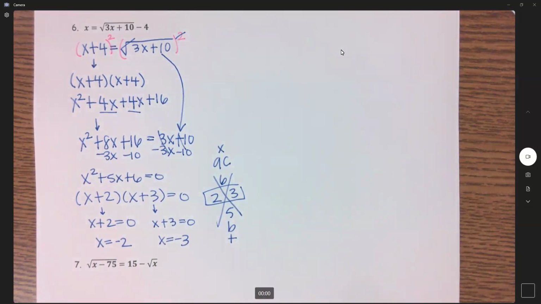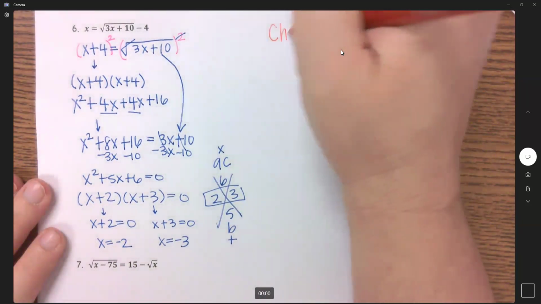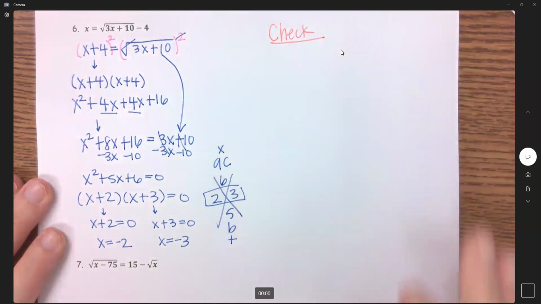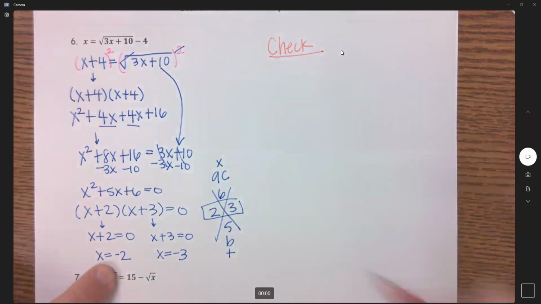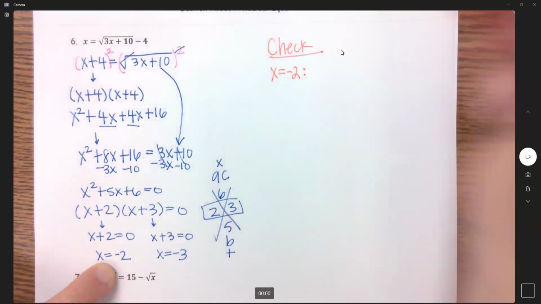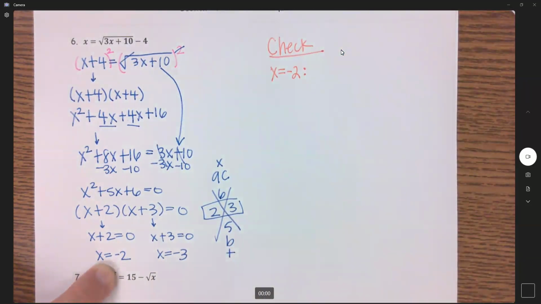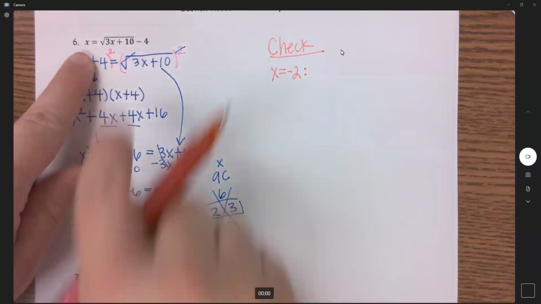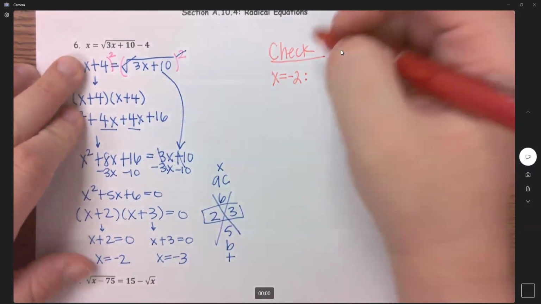Now, before I can box those and say those are our answers, we have to check them. So I'm going to check x equals -2 first. Plug that into the original into both of these x's.